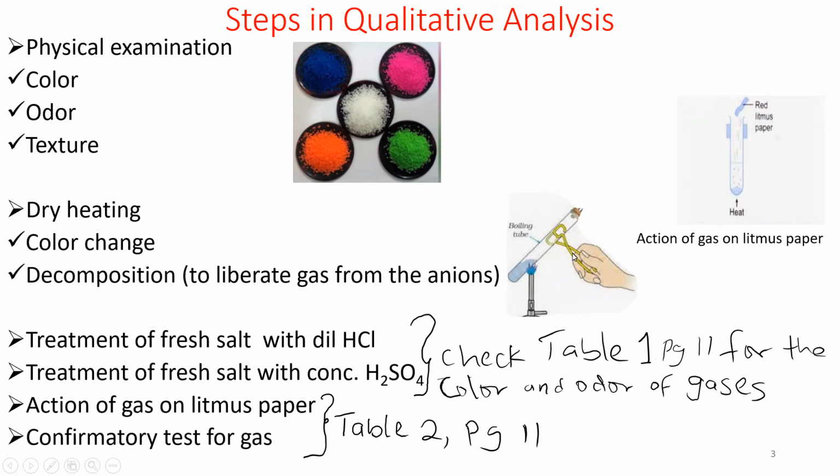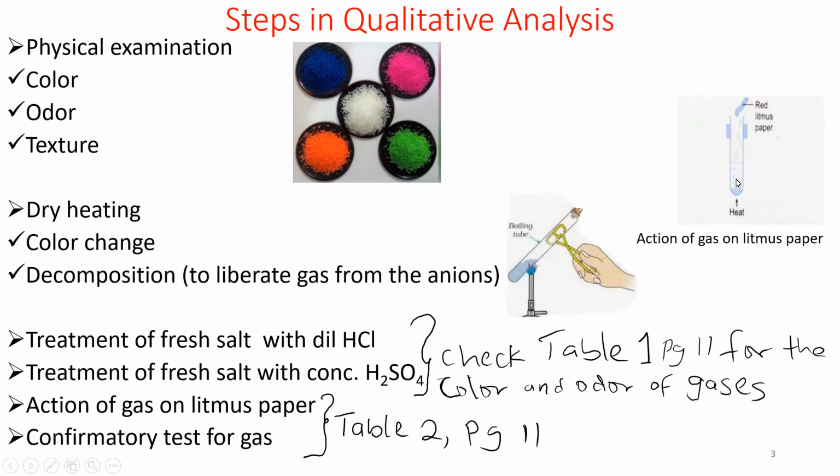So invariably, if there's action on the gas, the red litmus paper might turn to blue, or the blue litmus paper will turn to red. So during our dry heating, we are looking at three things: the color change in the residue, the odor and the color of the gas, and the action of the gas on the litmus paper.